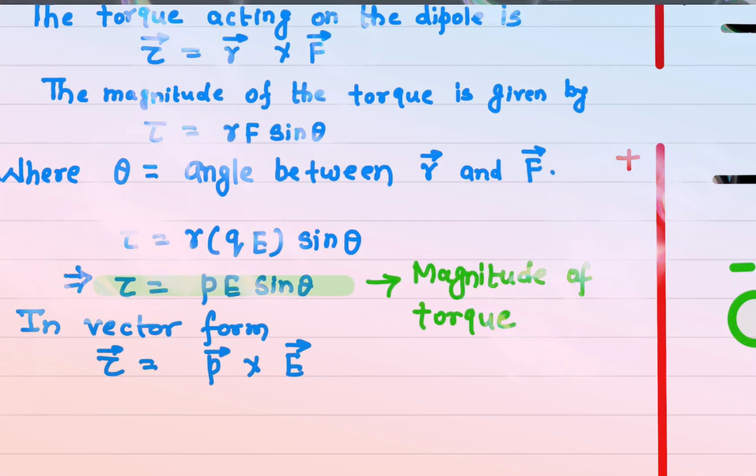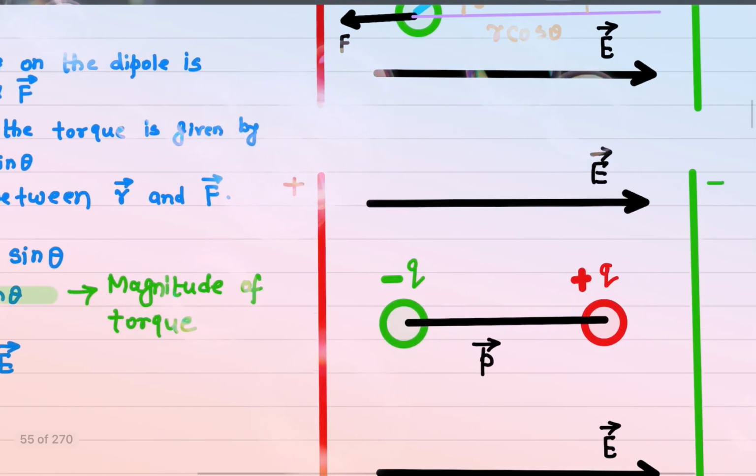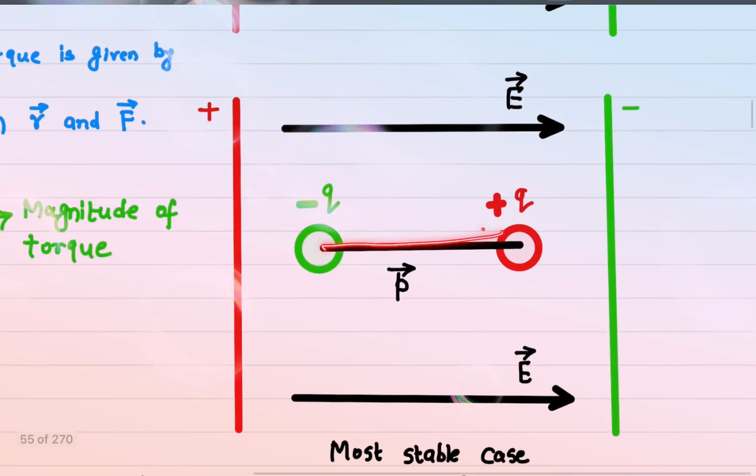You see that the torque is not a constant quantity. It is changing. It has a sinusoidal nature. The sine theta has a magnitude from 0 to 1. When the dipole is perfectly aligned with an external electric field, just like in this case, there is no torque.